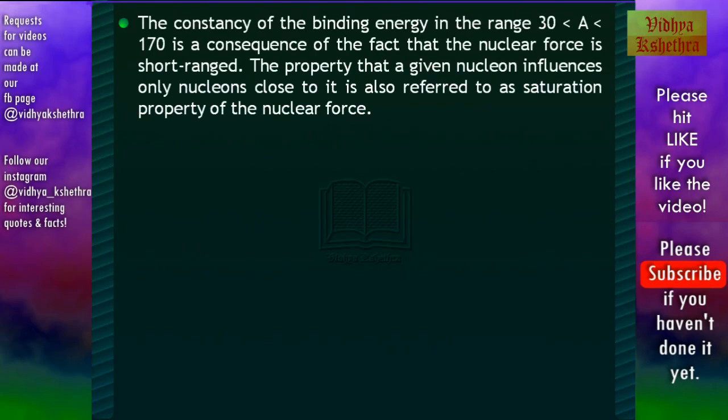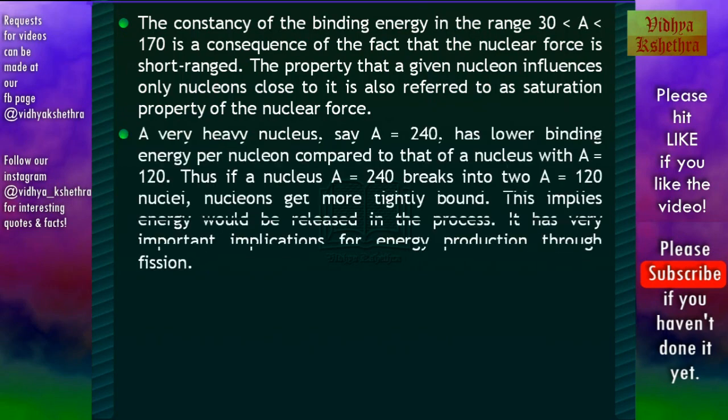Now, the second conclusion is, the constancy of the binding energy in the range of 30 to 170 is a consequence of the fact that the nuclear force is short-ranged, and the property that a given nucleon influences only nucleons close to it is also referred to as the saturation property of the nuclear force. This is the reason for this phenomenon.